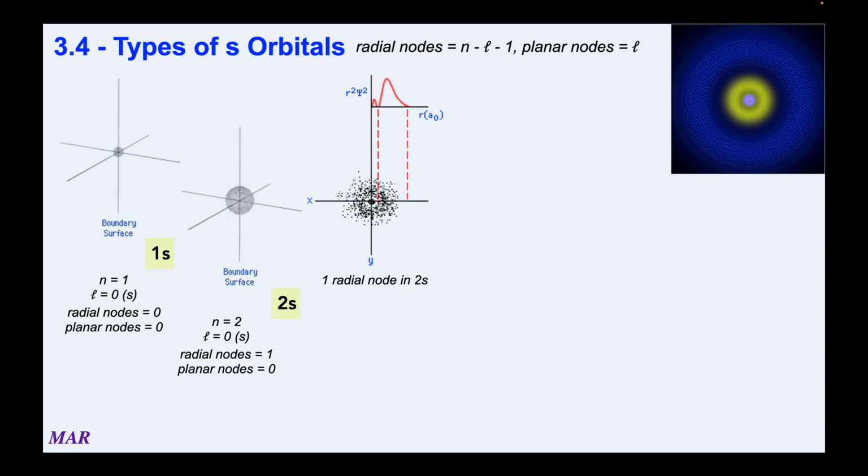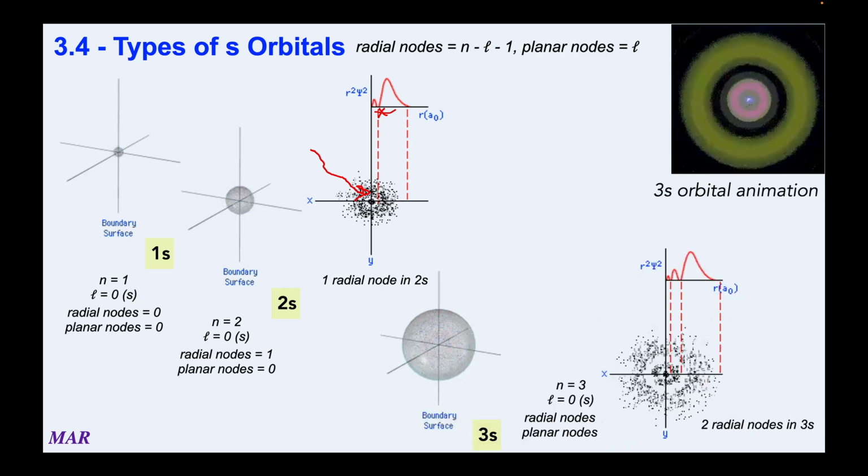And if you look at this picture on the right, if you look very carefully, there's kind of like a white circle that goes around. That's the spherical node. It's actually an area where you can't make any electron density. In the upper graph, you can see it right there. That's like a slice of the spherical node right there. Anyway, just realize there's one radial node.